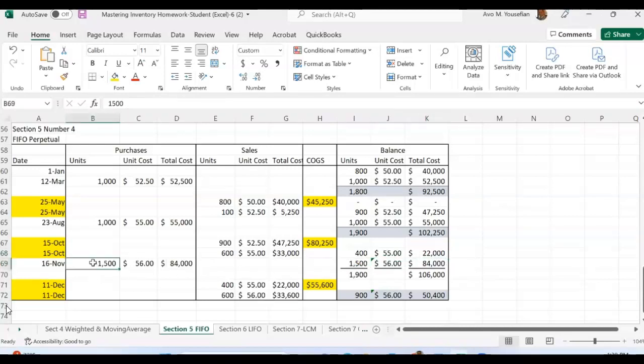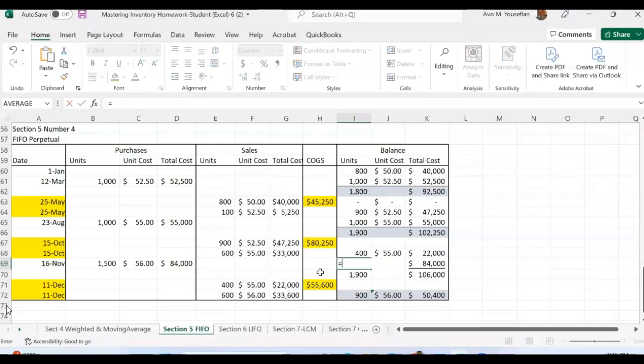However, in the purchase of November 16, we had 1,500 units purchased at $56. That's the total cost. Now that will be transferred here, which equals that number. Enter. And then you add them up.